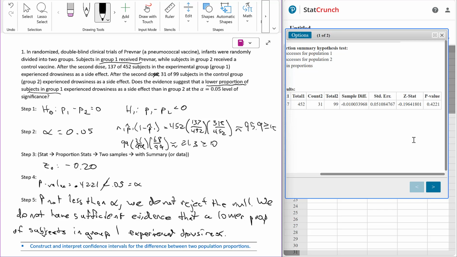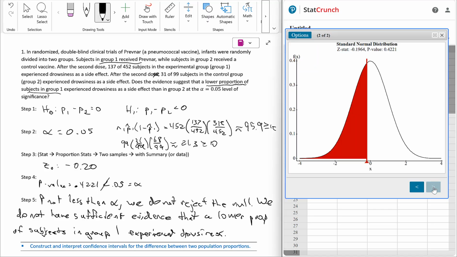Maybe you can fit in as a side effect or something. But that's what we're looking at. That's our conclusion. And again, we've got that plot here.